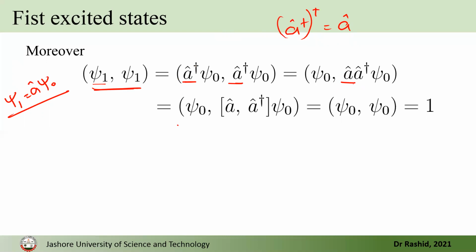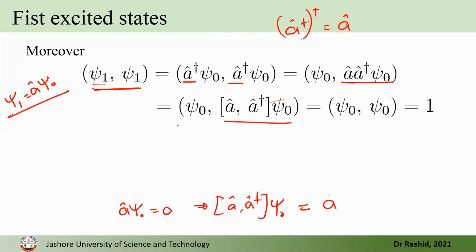Now we know this one can be written as the commutator, because we already used that if a hat psi 0 equals 0, then we can write a hat comma a hat dagger psi 0 is equal to a hat dagger psi 0.